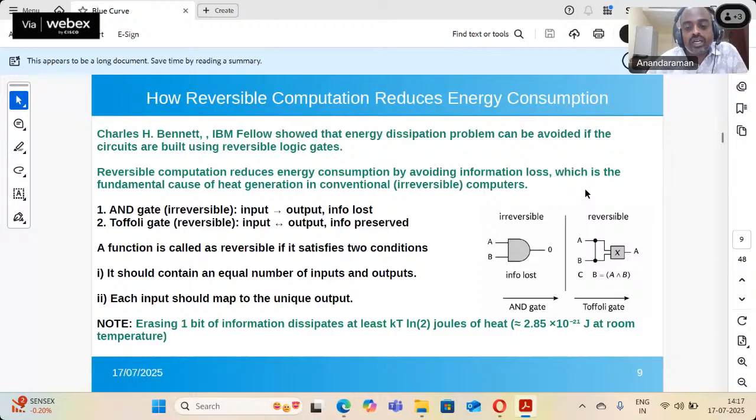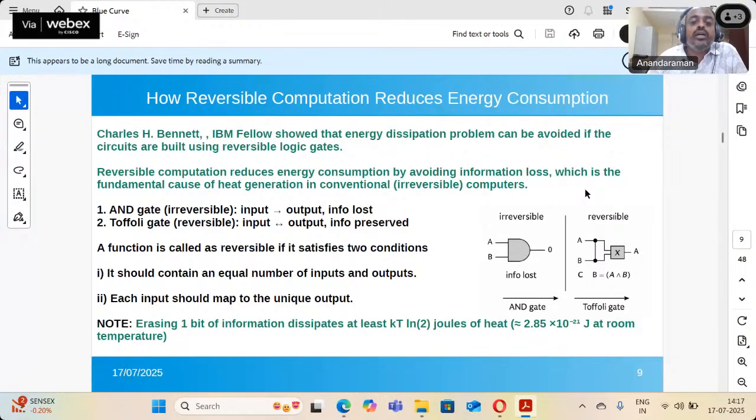That means the remaining 5 is lost. How is it lost? It is lost as heat. That's why our present-day irreversible computers use more energy. Most of the energy is not useful; it is wasted as heat.